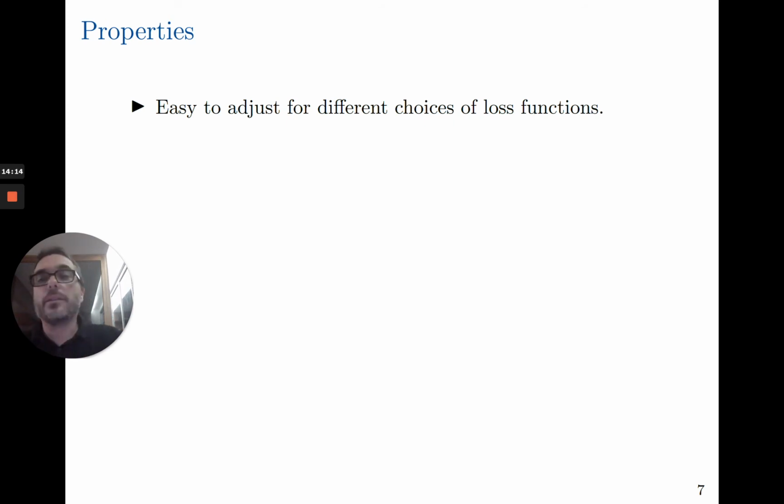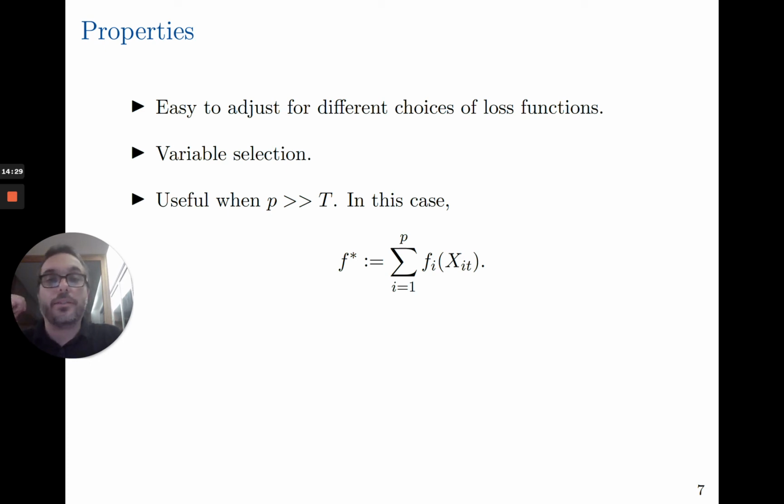So the method is easy to adjust for different choices of loss functions. As I'm going to show you in linear models, boosting can also work as a variable selection procedure. It is useful when p is much larger than t. We can, for instance, define our function as an additive model with a single regressor.